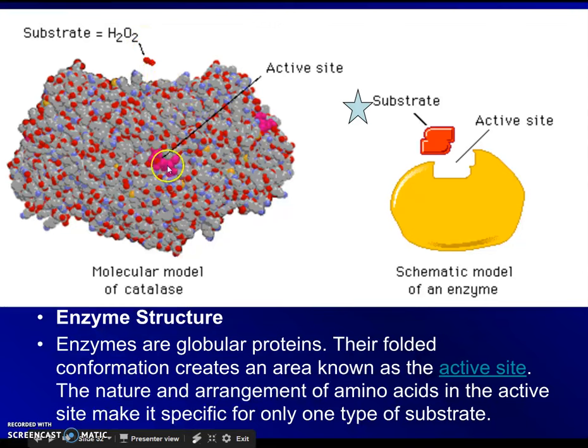And so the active site is this particular spot right here where H2O2 will bind, and it fits right in there just like this model substrate fits into this active site. So they work very particularly together, the enzyme and the substrate. And remember, enzymes are usually ACEs.